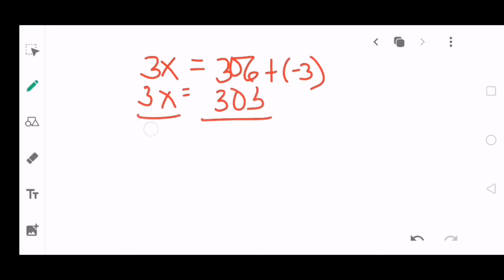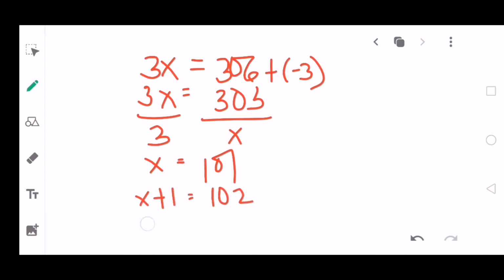Dividing both by 3, x will be 101. So if 101 is our x, x plus 1 will be 102, and x plus 2 will be 103. So the largest among these is 103.